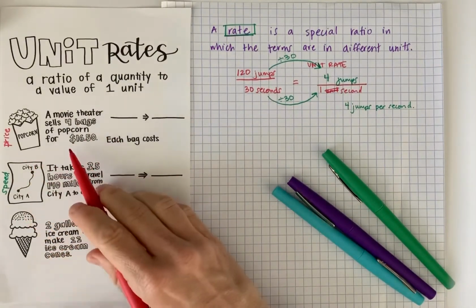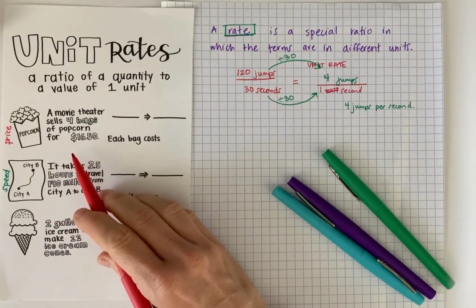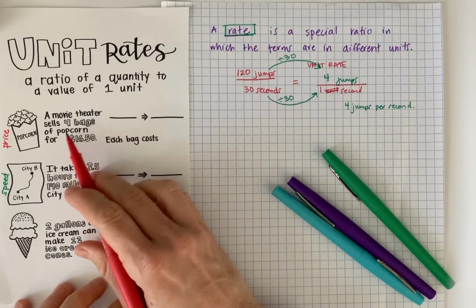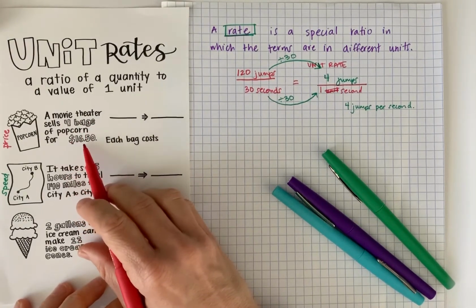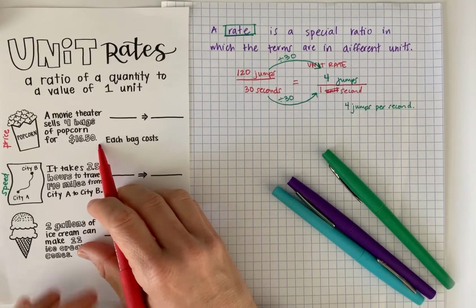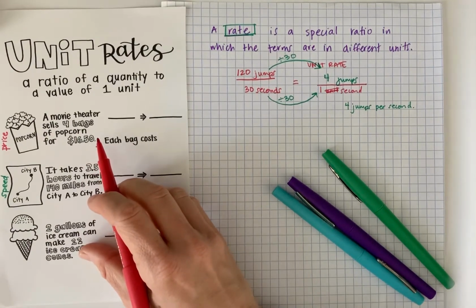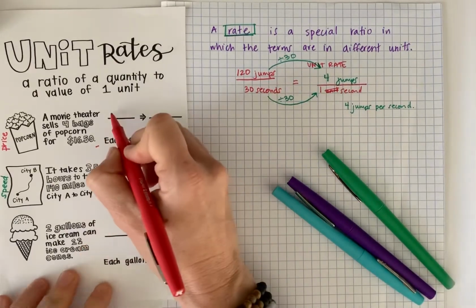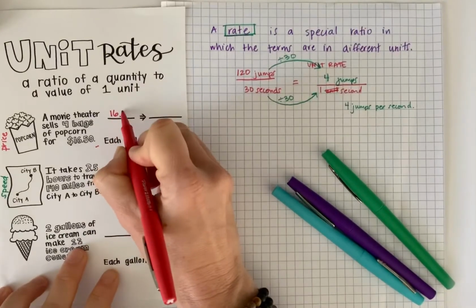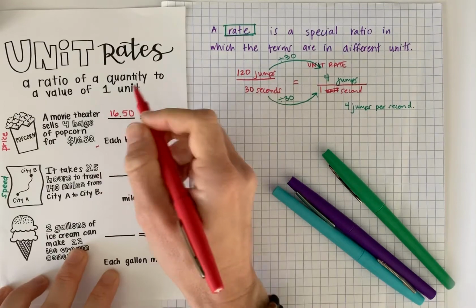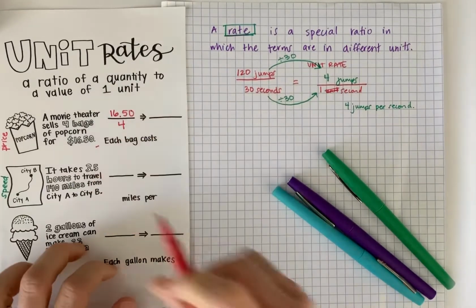Okay, so price. This is a very common unit rate that you are going to see. A movie theater sells 4 bags of popcorn for $16.50. So we can write that in its fractional form as $16.50 for every 4 bags.